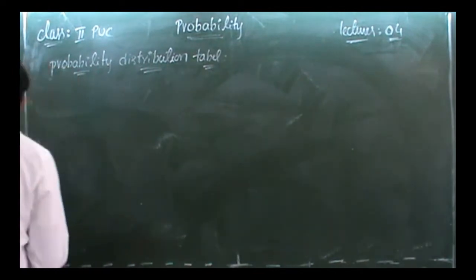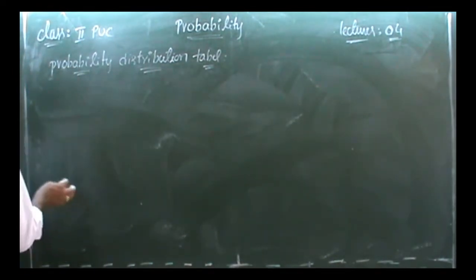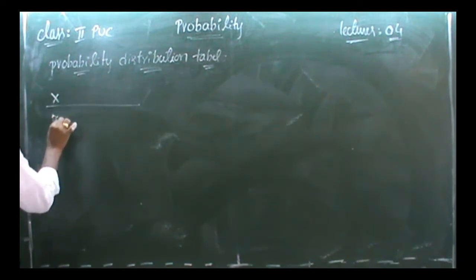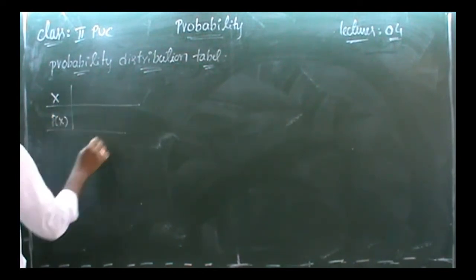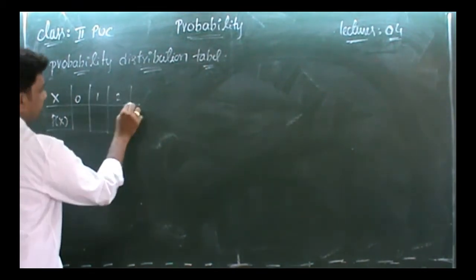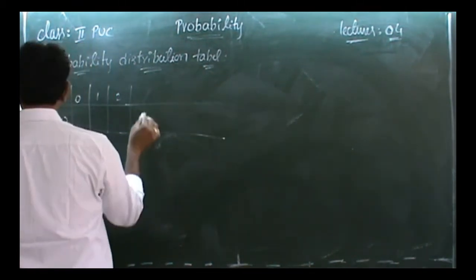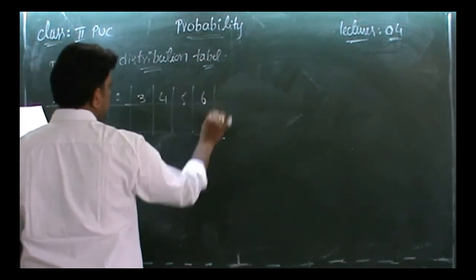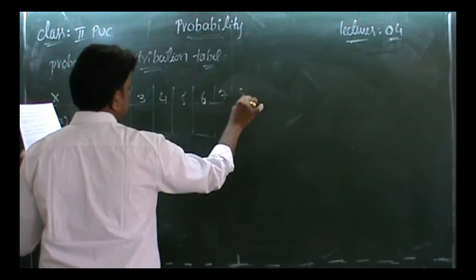First of all, check the question. Suppose he has given x and P of x. The x values are 0, 1, 2, 3, 4, 5, 6, 7, 8.